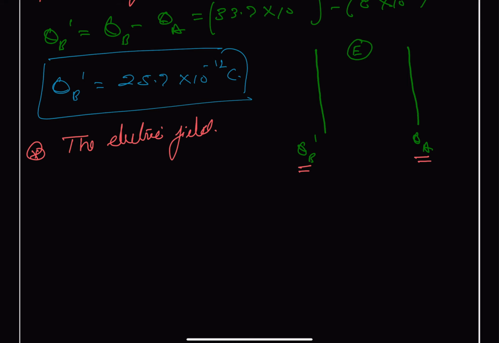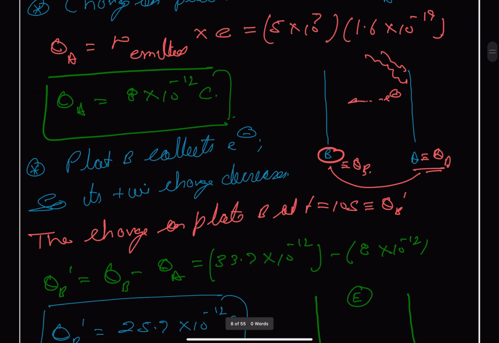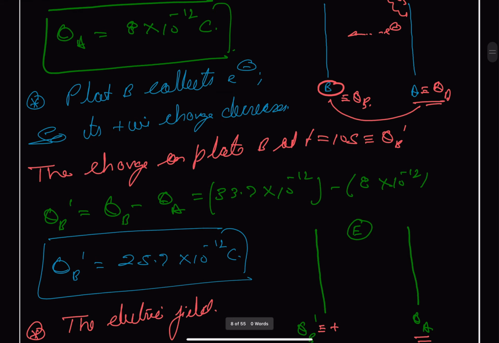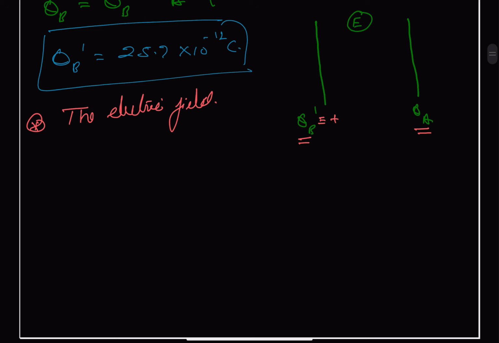And QB was positive, QB prime will also be positive but with a lesser value, and this QA, the value is given to us, 8 into 10 to the power minus 12. So we know the value of QA as well as QB prime.